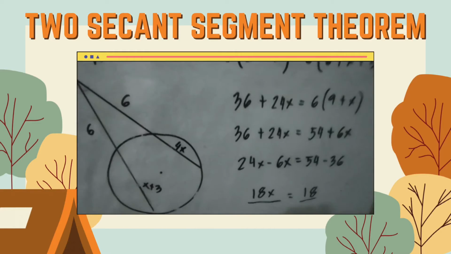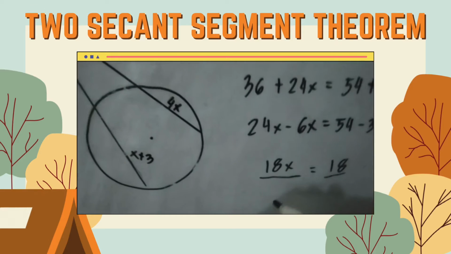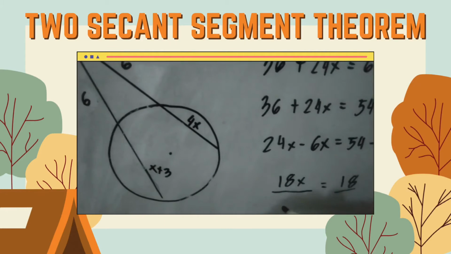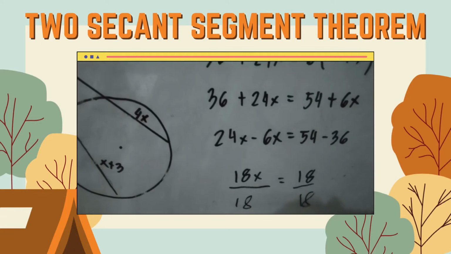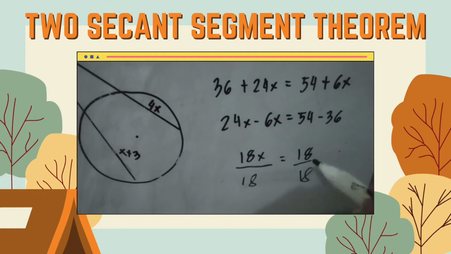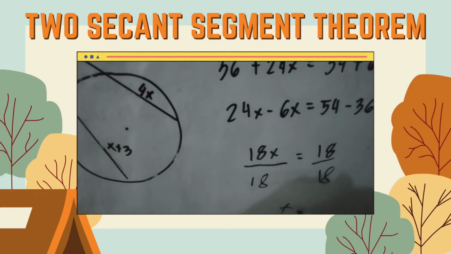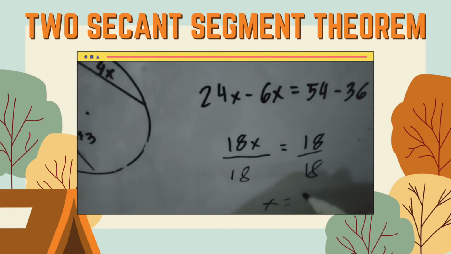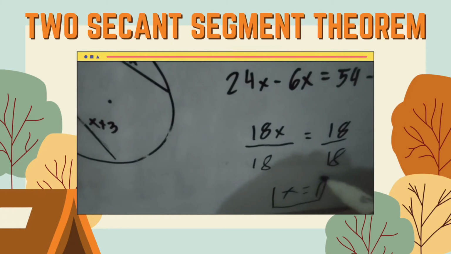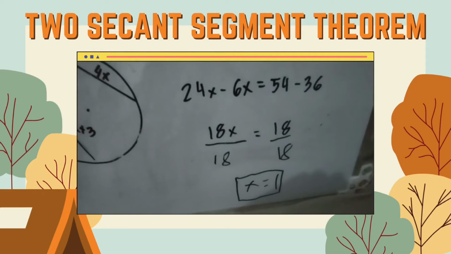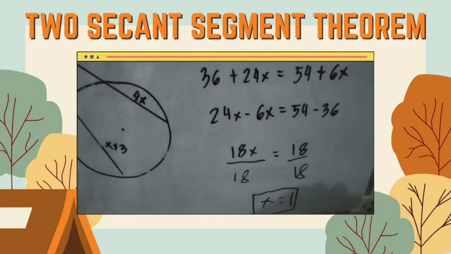So for x, we need to divide by 18. 18 divided by 18 will give us 1. So that is our final answer. The value of x is 1.